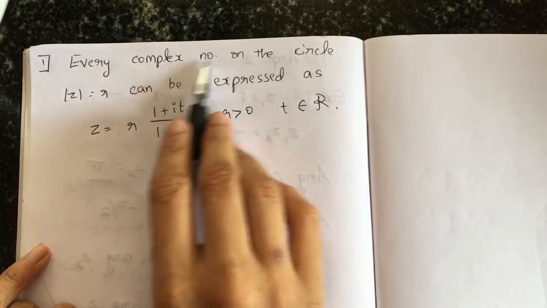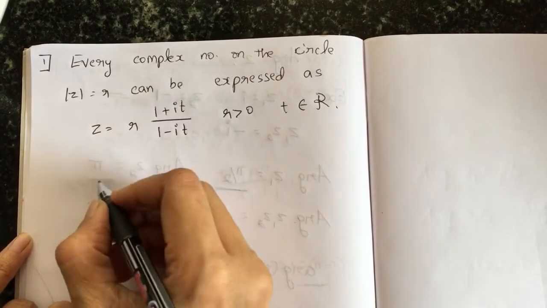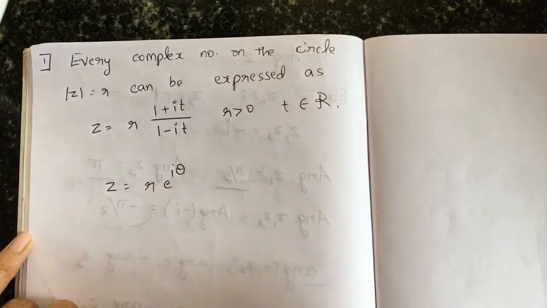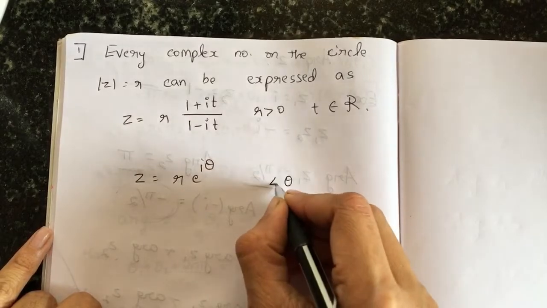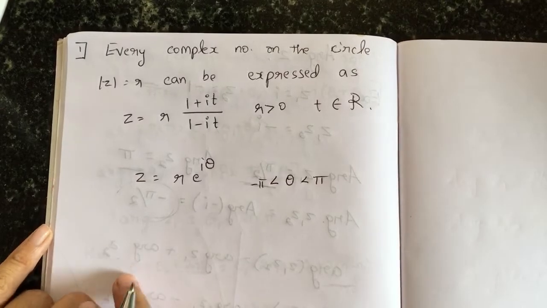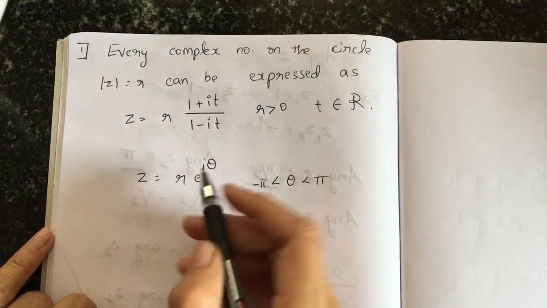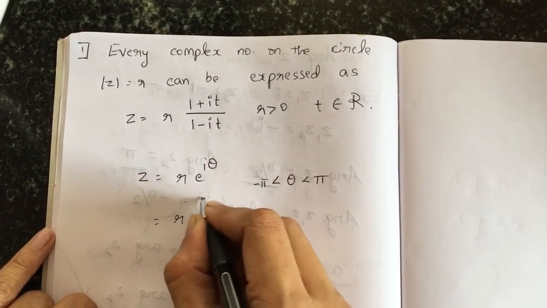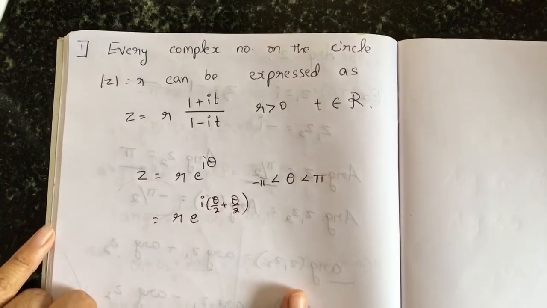See, every complex number on the circle mod z equal to r can be written as z equal to r e power i theta, right, in the polar form. Now I'm writing it in exponential form. Now this i theta, I can even rewrite as i into theta by 2 plus theta by 2, right?